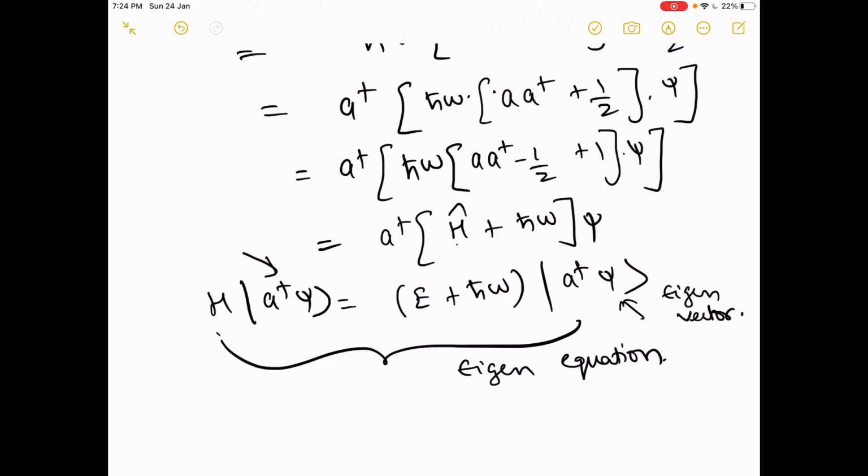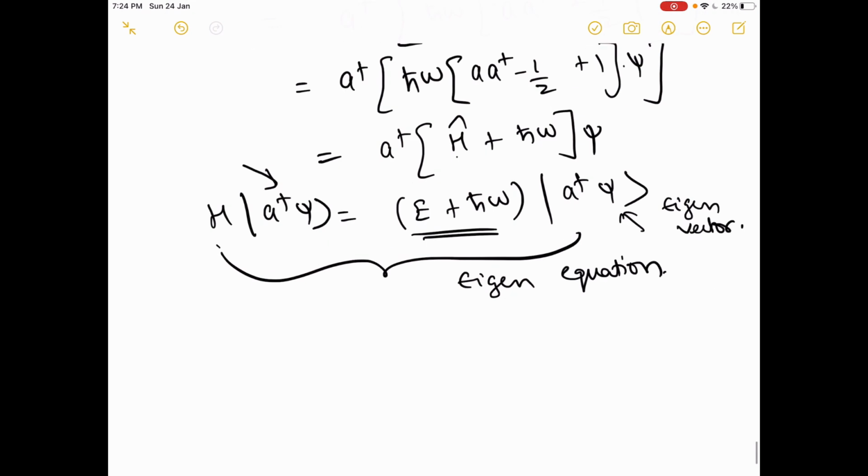So when a dagger acts on psi, it is transformed into another vector whose eigenvalue is E plus h cross omega. So you just increase the energy. Similarly it can be shown that if H acts on a psi, it will give you E minus h cross omega times a psi.